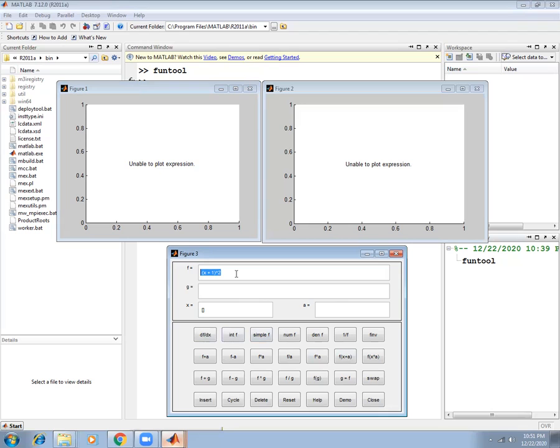Now define again a new function, and in this function we will use the second row of the figure 3 control buttons: f of x plus a, f of x minus a, f of x into a, f by a, f power a, and f of x plus a and f of x into a.